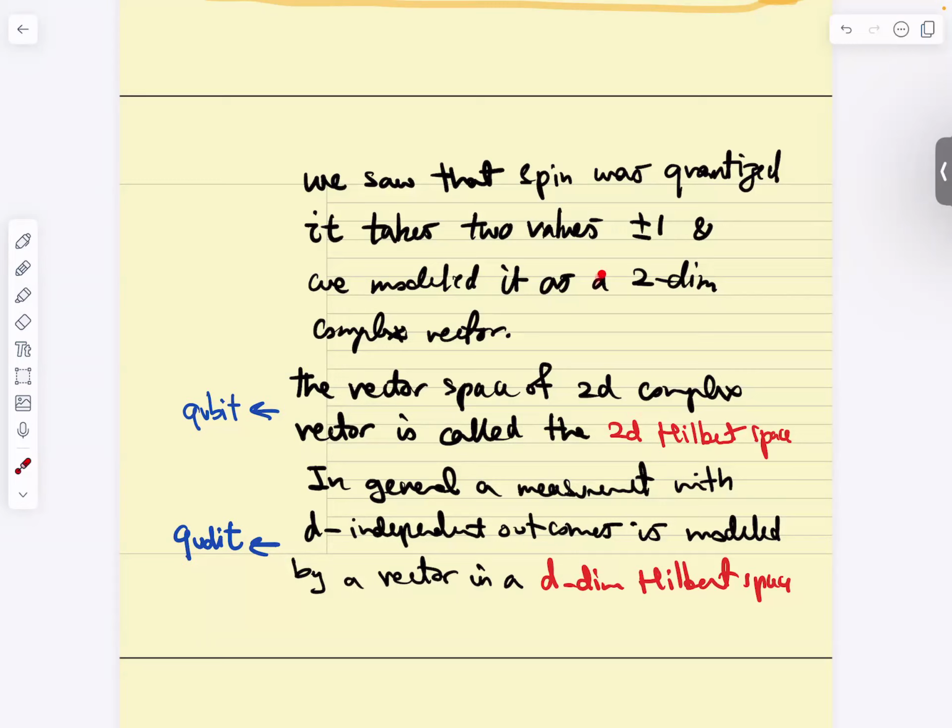So to model the spin of these silver atoms, which take two values, two independent outcomes, plus h bar over 2 and minus h bar over 2, we are going to use a vector space of two-dimensional complex vectors. We're going to call that a two-dimensional Hilbert space, sometimes called a qubit, right?